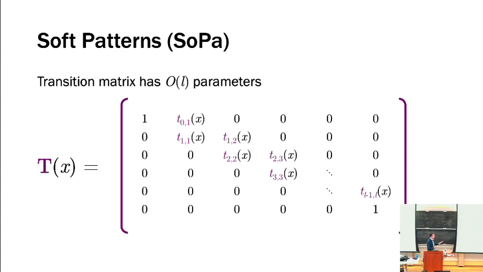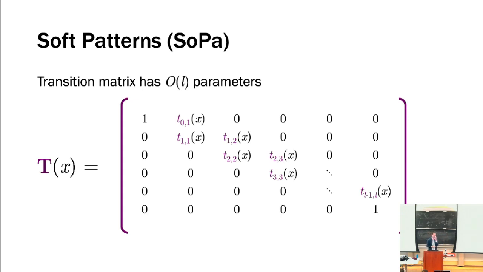What's nice here, and again, this is by design, is that the number of parameters in each of the transition matrices is linear in the length of the pattern. You choose the pattern length, and then all you need is one word vector for each non-zero entry.